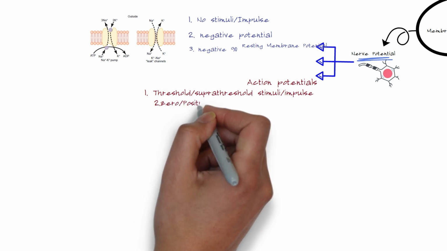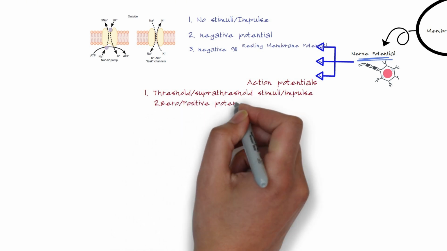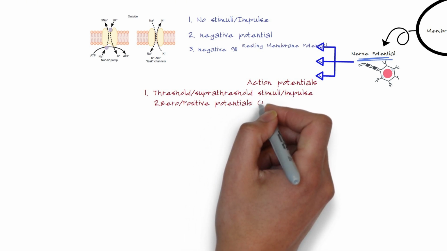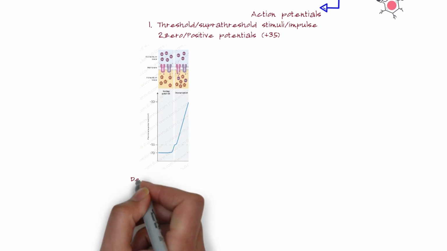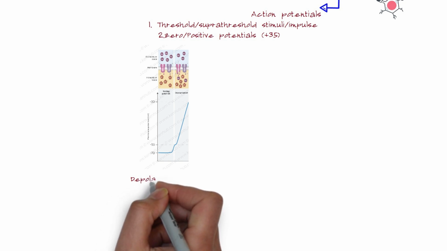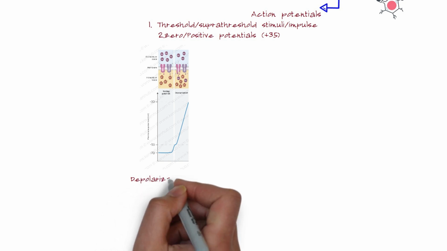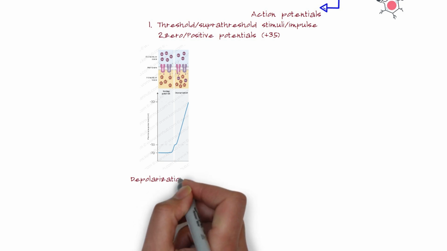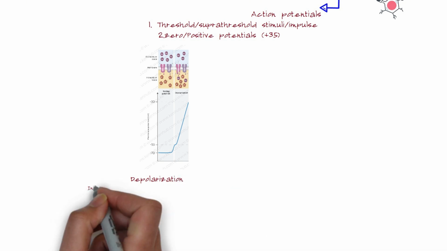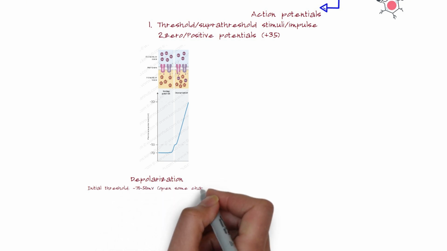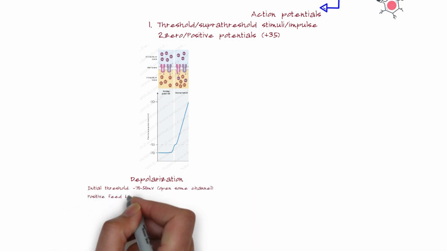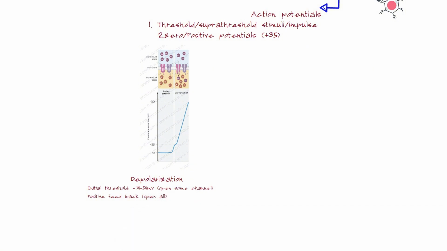So with the depolarization, when the threshold is reached, the voltage-gated channels open and the sodium rushes in, and this will cause a positive feedback loop which opens more and more sodium channels till all sodium channels are open. So the value of the depolarization could reach only zero in the CNS and some neurons, or overshoot up to positive 30 or positive 35 millivolts in some neurons.